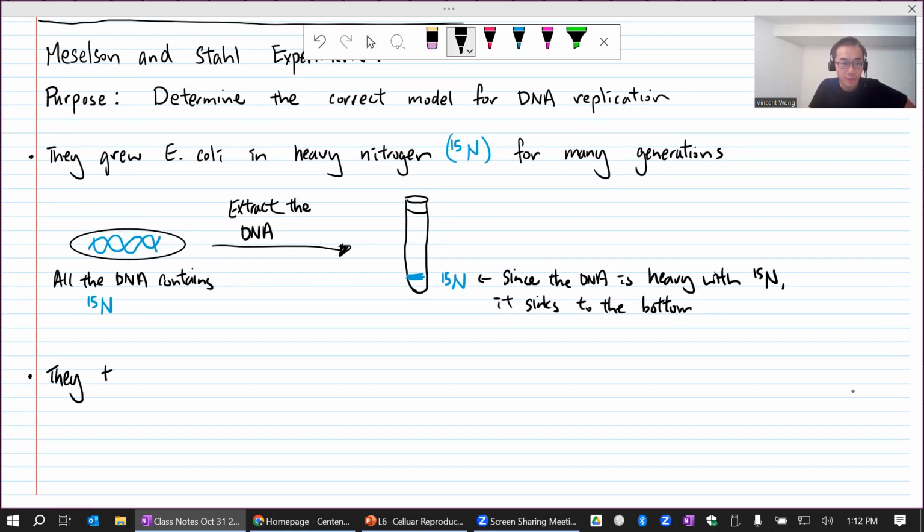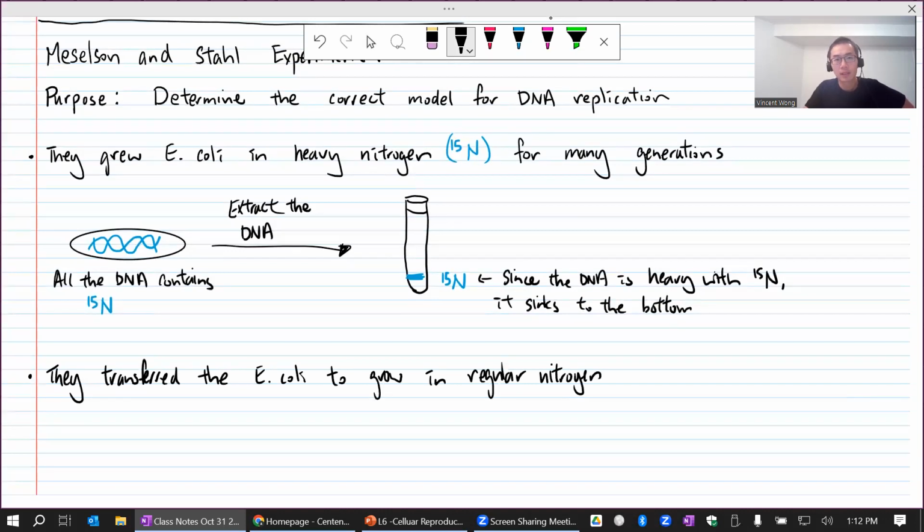Okay, what did they do next? They transferred the E. coli to grow in regular nitrogen. Regular nitrogen is 14.